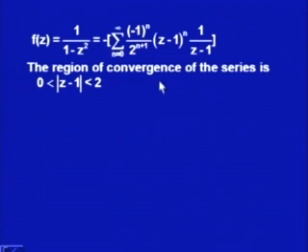The region of convergence of this series is modulus of z minus 1 lying between 0 and 2, because there is another point, which is at a distance 2 from z equal to 1, where the function ceases to be analytic, and that point is minus 1. Therefore, we consider modulus of z minus 1 less than 2.